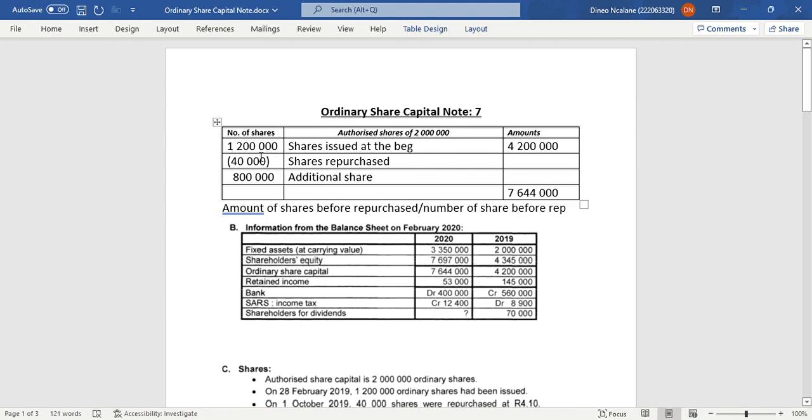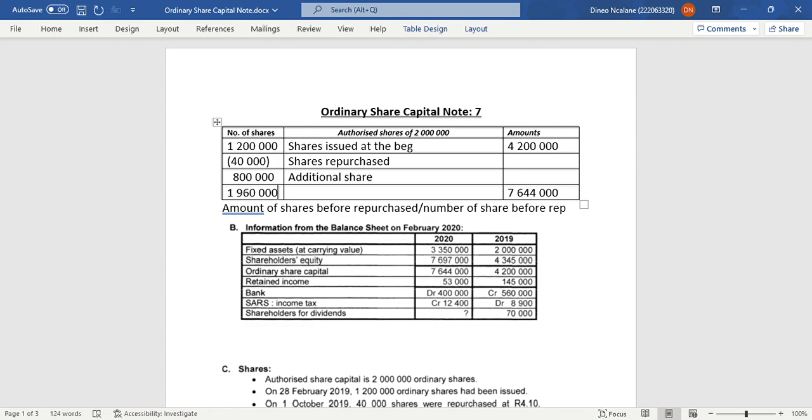So right now on this side, which talks of the number of shares, we have all the amounts excluding the total. So you're going to say 1.2 million minus 40,000 plus 800,000 shares. That leaves us with 1,960,000 shares.